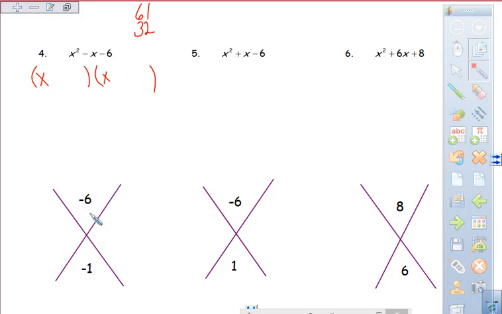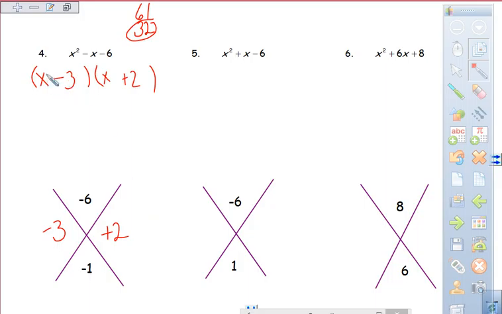Well, to multiply to get a negative 6, I know that one of my numbers would have to be positive and the other one would have to be negative. So I'm thinking about this pair to get a negative 1. So I need a negative 3 and a positive 2. Because negative 3 plus 2 is negative 1, negative 3 times 2 is negative 6. So I carry the signs with.